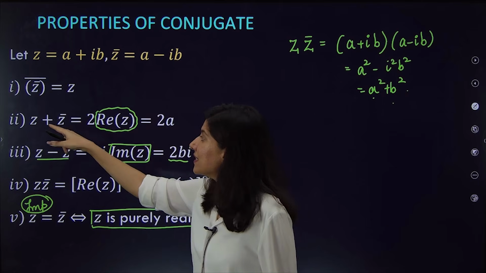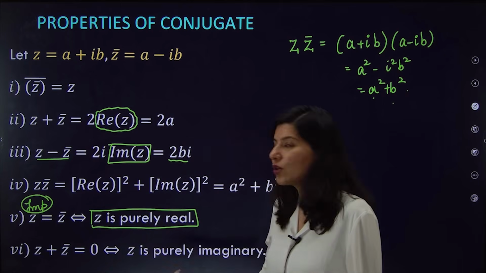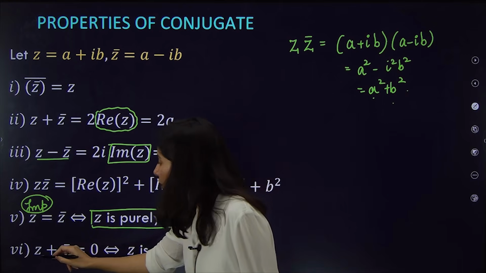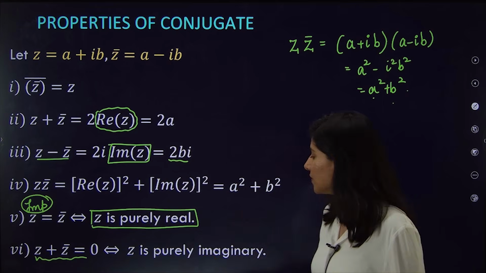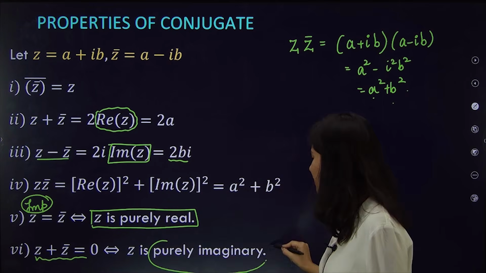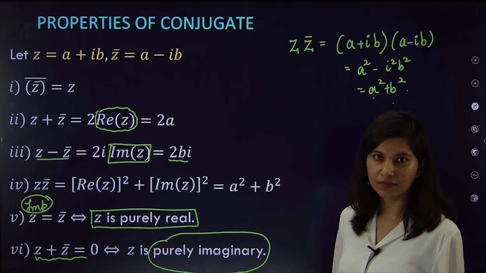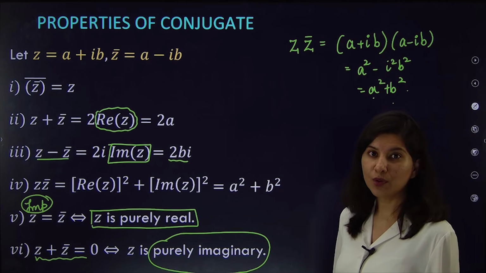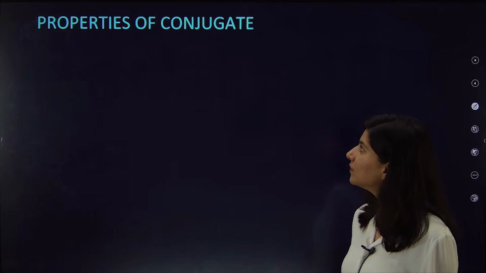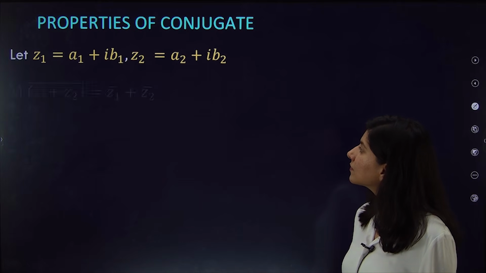That means z equals minus z bar, or you can say z plus z bar is 0. So whenever z plus z bar becomes 0, the number becomes purely imaginary. Okay. Any doubts? Any problem? Any confusion? Do let me know.